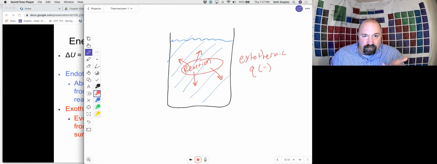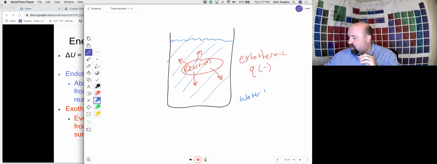But if we're actually performing this reaction, if we're holding on to this beaker, think about what's going to happen to the water. Energy is leaving our reaction, going into the water, and so the water heats up. The water gets warmer. That's where you just have to stop and think for a second about what's going on.